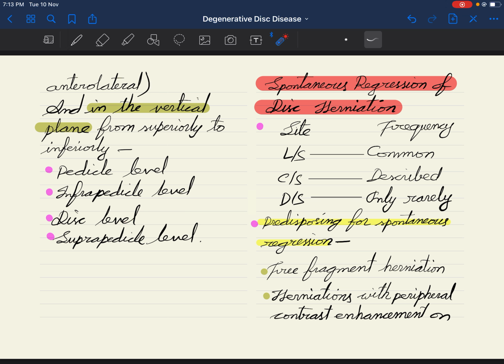Spontaneous regression of disc herniation is commonly seen. It commonly regresses in the lumbar spine, but in the cervical spine it is also described. In the dorsal spine, spontaneous regression is rarely seen. There are some factors that may predispose to spontaneous regression, such as free fragment herniation.